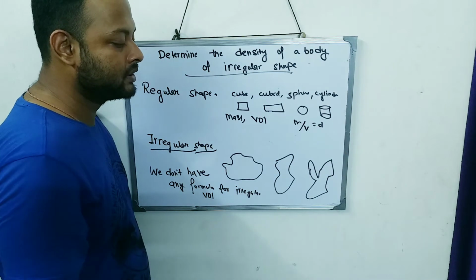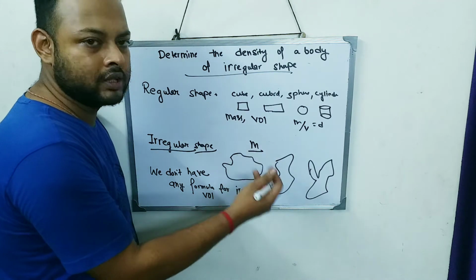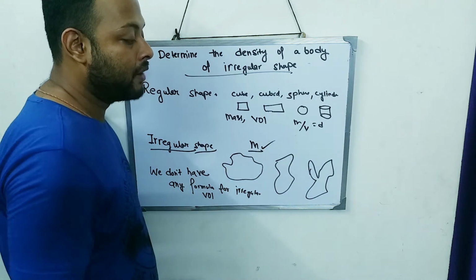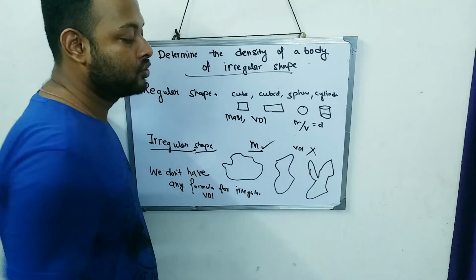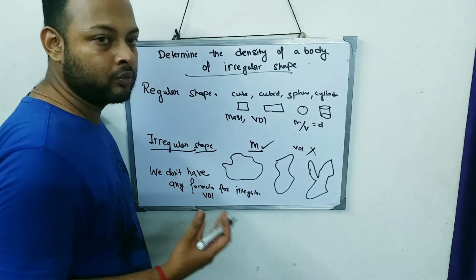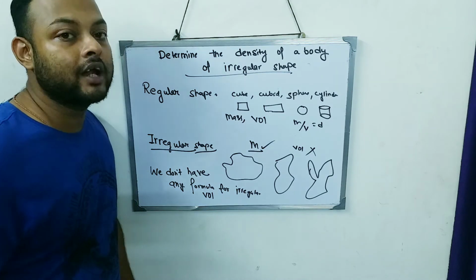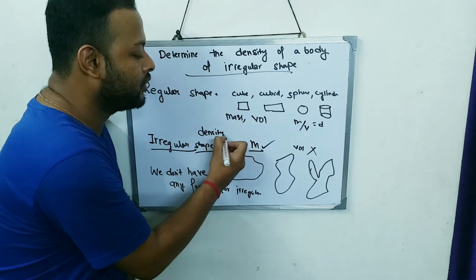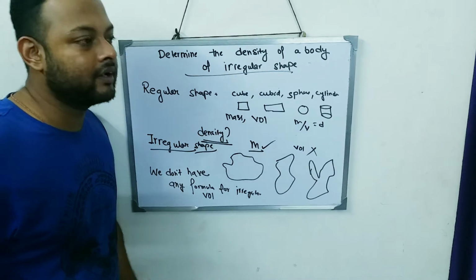But the problem is over here: we can calculate the mass using a beam balance, that is very easy, but to calculate the volume, I don't have a formula. So can I determine the density of these bodies? Is a question mark.